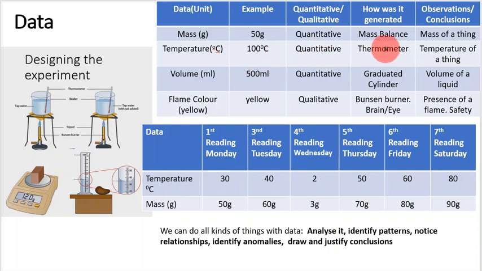And what can we do with that particular piece of data? We can use it to measure the temperature of things, for example, how hot or how cold an object is. In this case, we use it to measure the temperature of water. So we can use this data to make an observation or to draw a conclusion. For example, when the temperature is at 100 degrees, the water was boiling, and there were bubbles being generated.